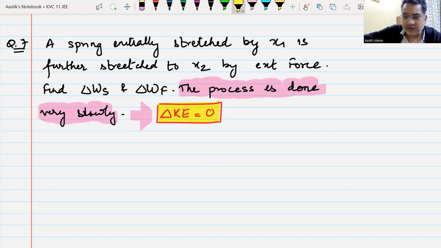Well, I will give this question as food for thought, as homework, so that you can try it, and then we will discuss it in the next class, and we will see how, if a question comes and sometimes they ask you the work done by the external force, how do you find it out. We will also try to see some more things in the next class.